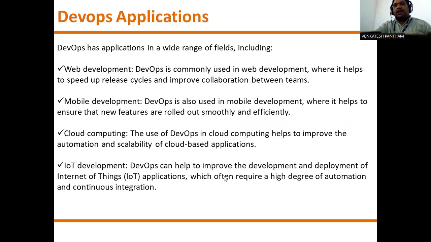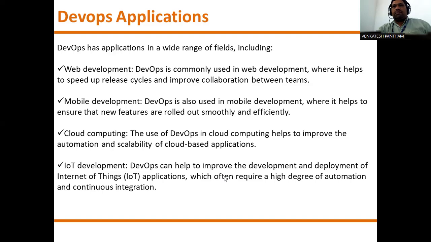And the applications of DevOps are web development, mobile development, cloud computing, and IoT development. The first one is web development. It is a collaboration between the teams, using web development programming. This is one of the applications.